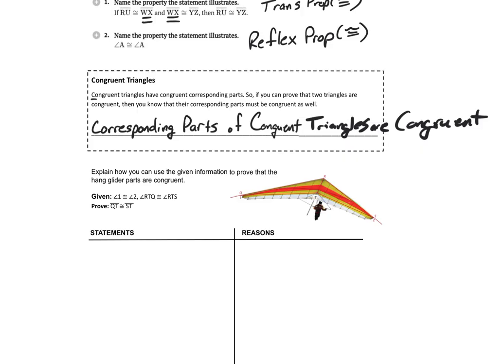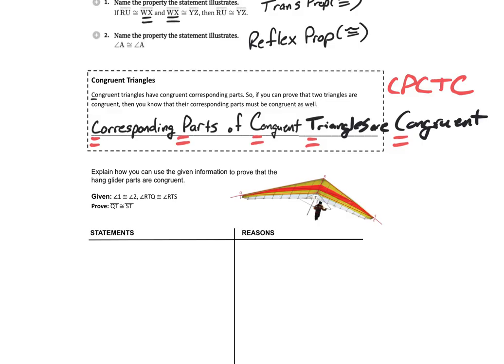Okay, so what we're essentially saying is, if two triangles are congruent, all the corresponding parts of those two triangles are congruent. So we call this the CPCTC. Corresponding parts of congruent triangles are congruent. We don't do anything with the of and the are, but that's our shorthand. We don't want to have to write that out every time. That would be not a lot of fun, right? So we're going to use the CPCTC to get there.